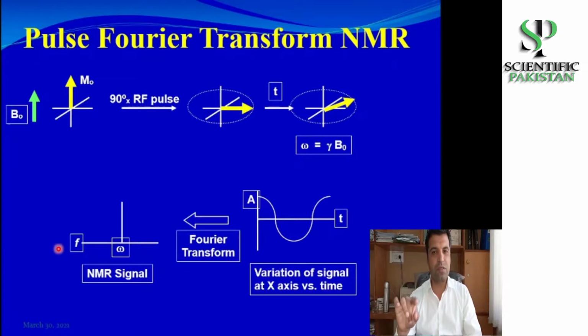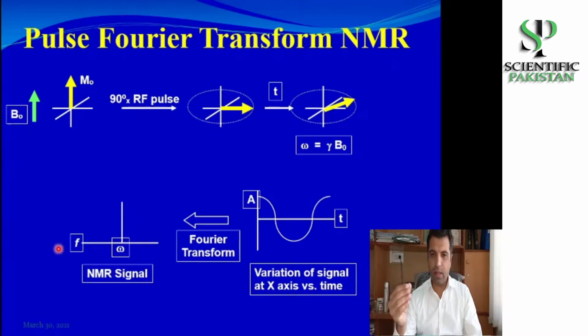But if your machine has 7.05 Tesla, then the pulse that you will give is at 300 megahertz. Then why would all the protons be excited? Because not all of them would receive 7.05 Tesla and not all of them will have 300 megahertz as the resonance frequency. Then why are all of them excited simultaneously? Can you think about it?